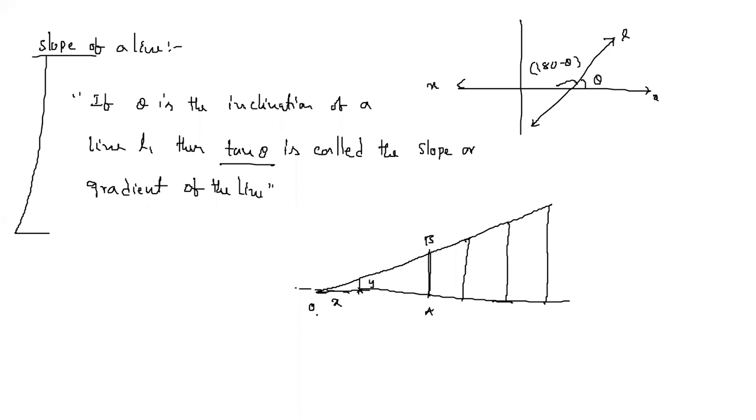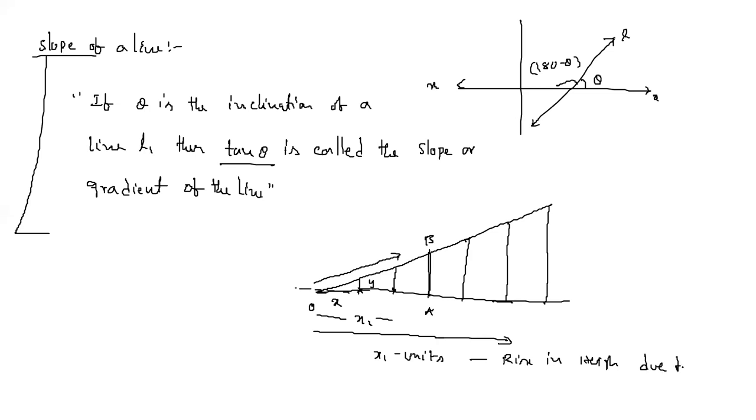Suppose I am traveling a distance of x1 from O in the forward direction. After traveling a horizontal distance of x1 units, what is the rise in height, or y direction, due to its geometrical shape? So this ratio is known as gradient.